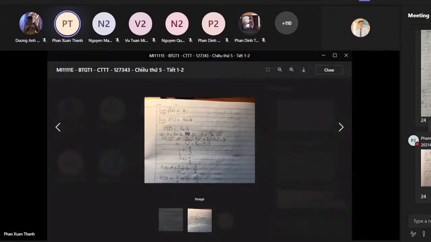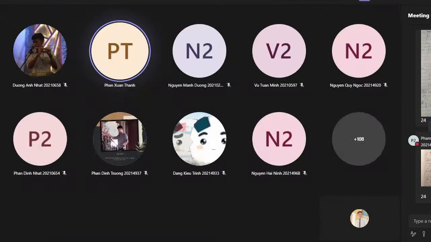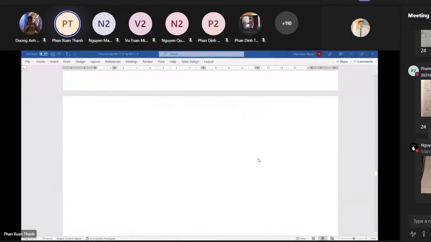Okay, I will show you now. Let me come back to the Word file and I will show you. You have to distinguish between the two. Moment, please. You have to be careful with this definition.